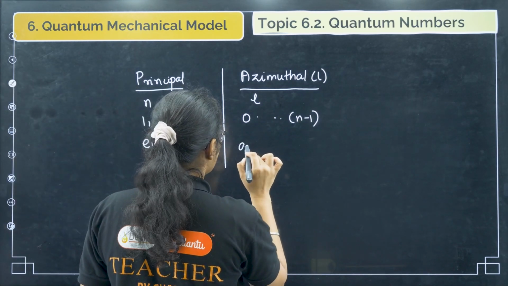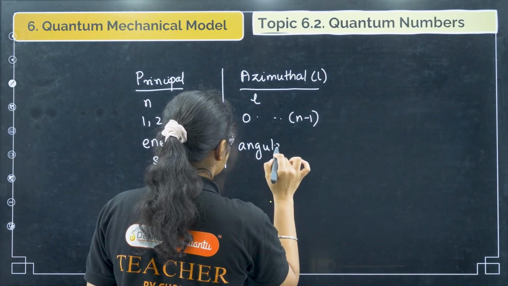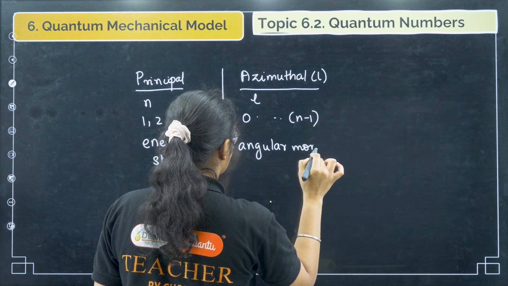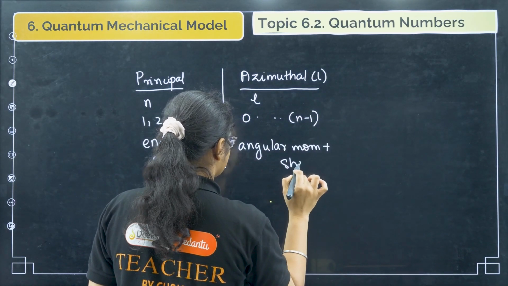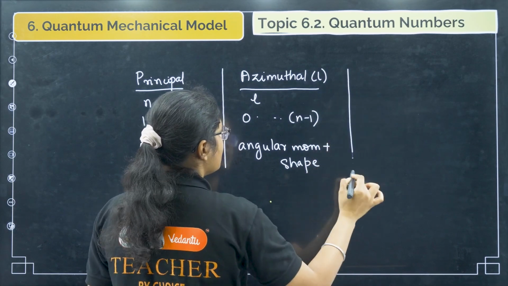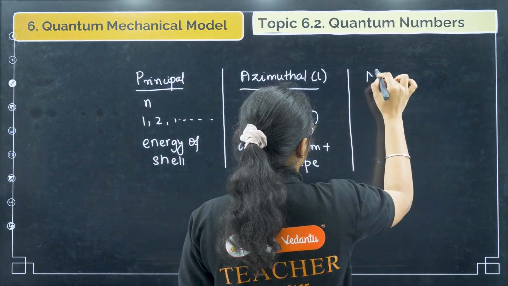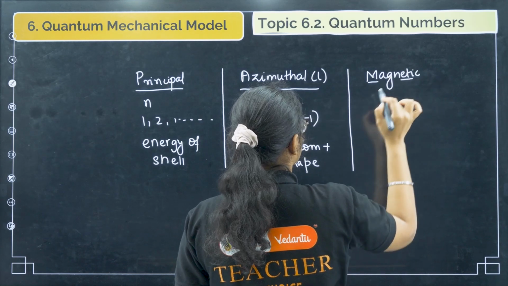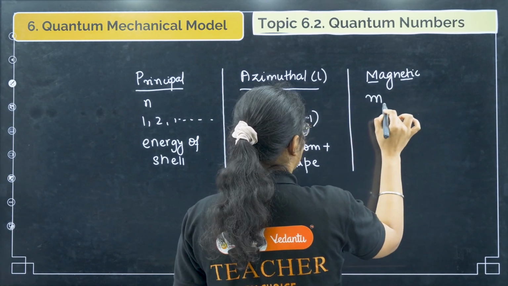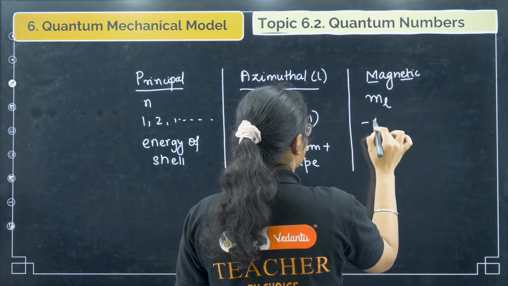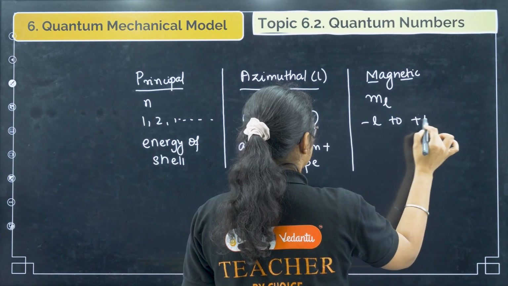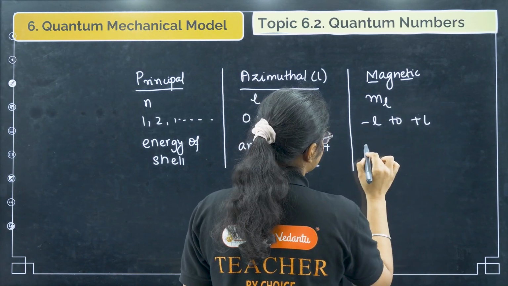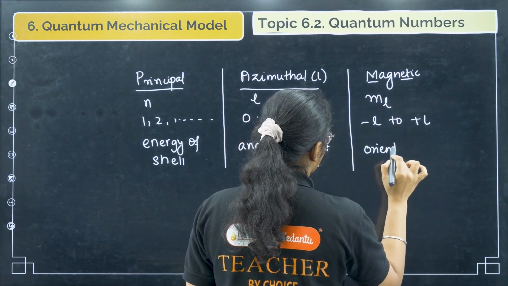It tells you about the angular momentum and shape of orbitals. Next I have the magnetic quantum number, denoted by ml. Its value changes from minus l to plus l, and it tells you about the orientation.